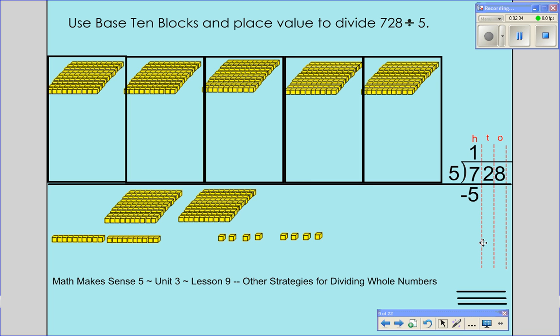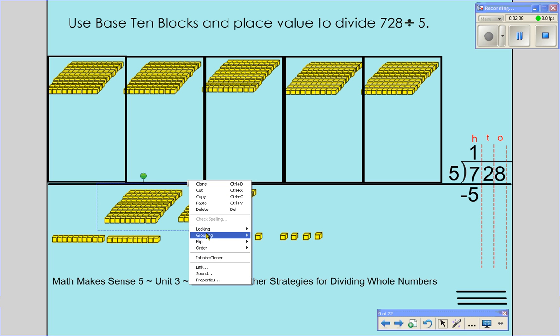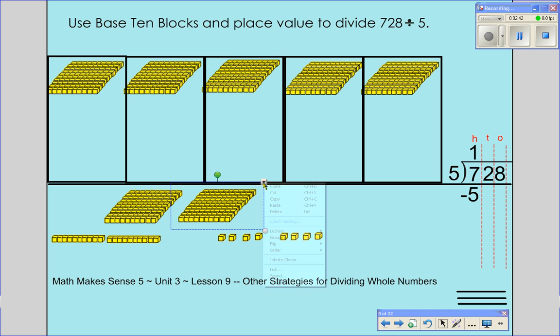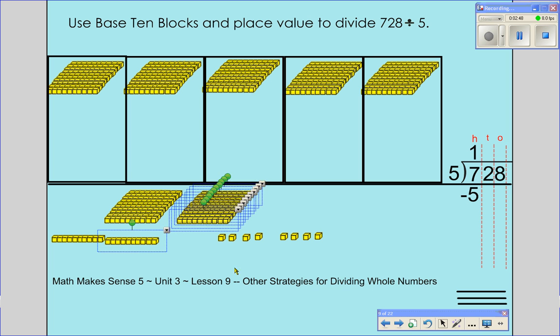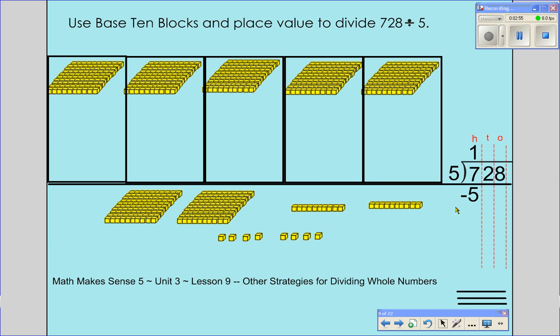Okay. Now I can move on to dealing with the 10s, because I'm going to have to break these ones up into 10s. I'm going to ungroup them, and then I'll ungroup this one as well. And now I'm only dealing with a whole bunch of 10s. But let's not forget that I also have these 2 groups of 10 from the original number.